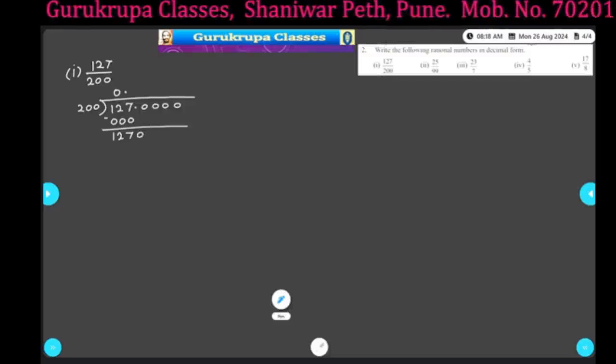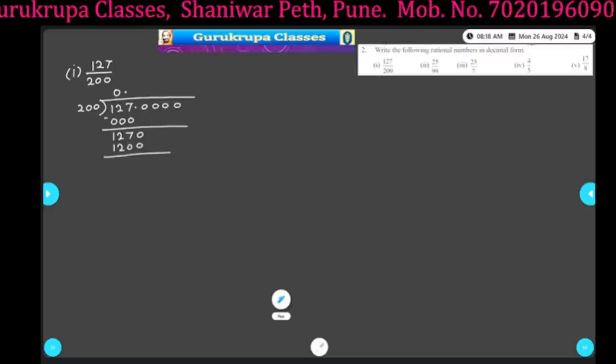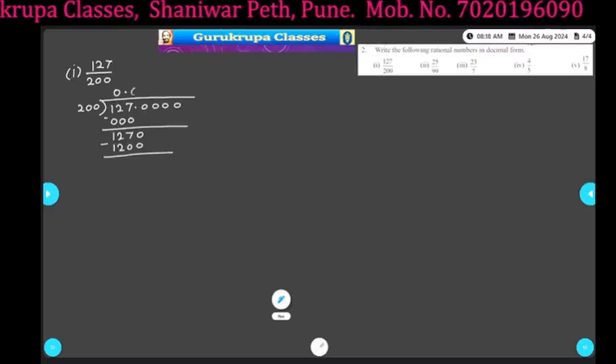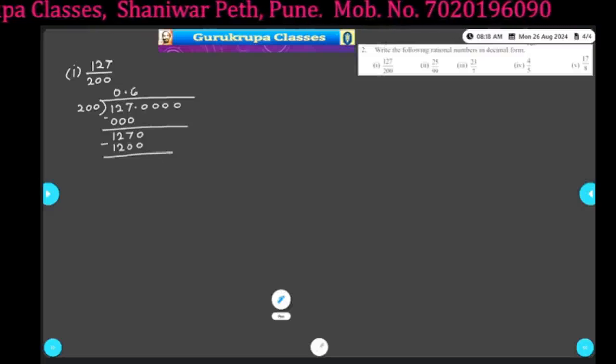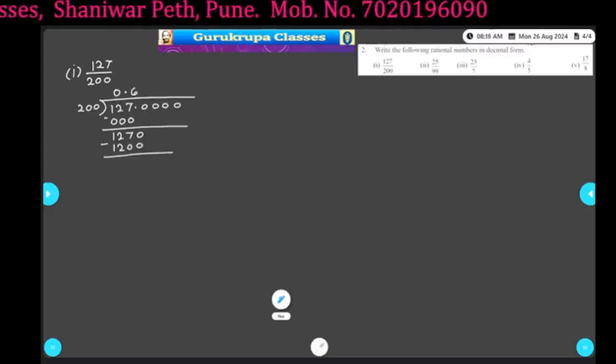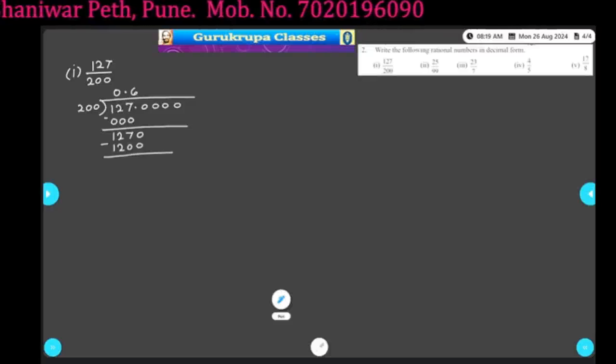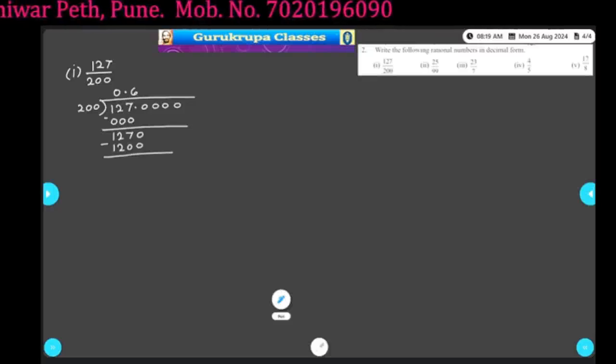Now 200 6s are 1200. 2 6s are 12 and 2 zeros after that, we get 1200. The table of 200 is easy. It is actually the table of 2, and then we add 2 zeros to the numbers.